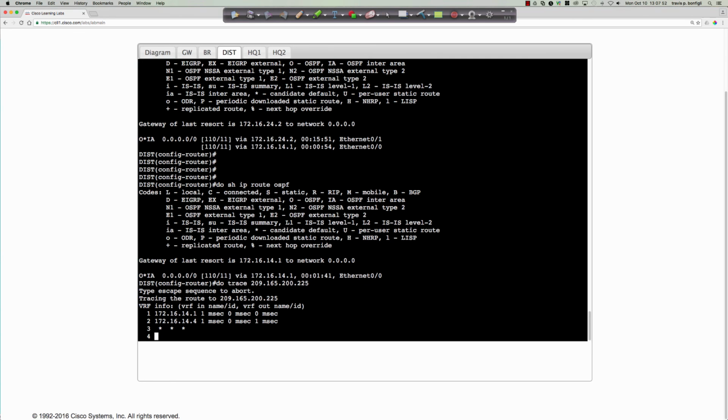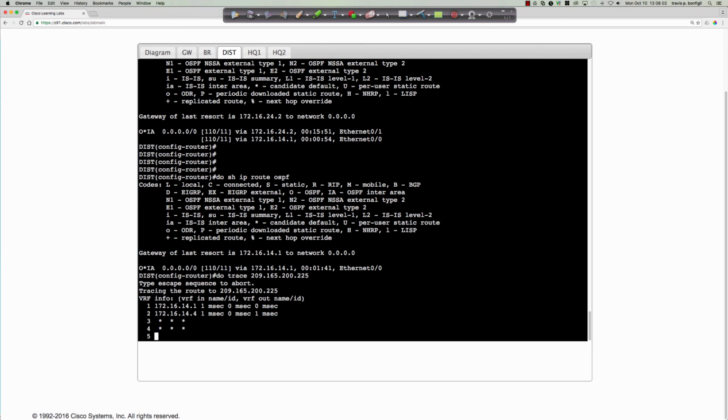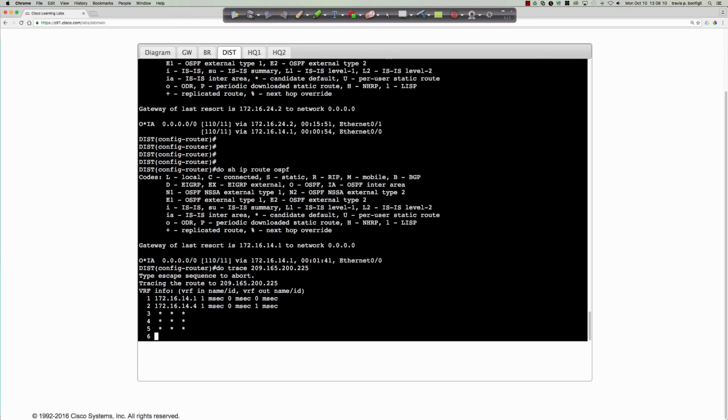So this is what you need to be careful of, because again, we've engineered everything to go the path of router 1, but the link between distribution and router 1 is up. There are no problems, right? So their adjacency is just fine, but this is the result because we go out router 1, but the Ethernet interface on that shared segment between HQ1 and gateway is down.